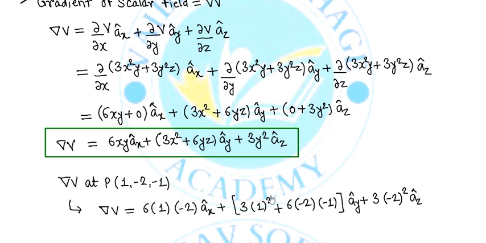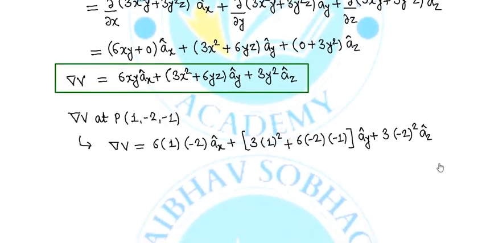Now if you simplify that, you will find the gradient del V at the respective point 1, -2 and -1.